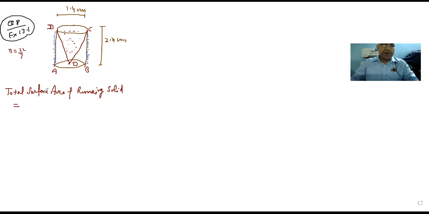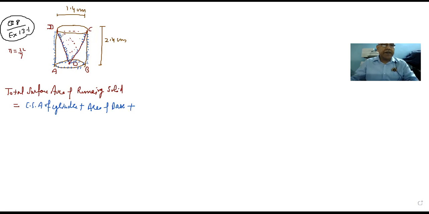So that means the curved surface area plus, cylinder is solid, that means area of the base will be with me. The base is in the form of a circle. So area of base plus this new area is created inside, a new area in the form of a cone, and from the top this is hollow.